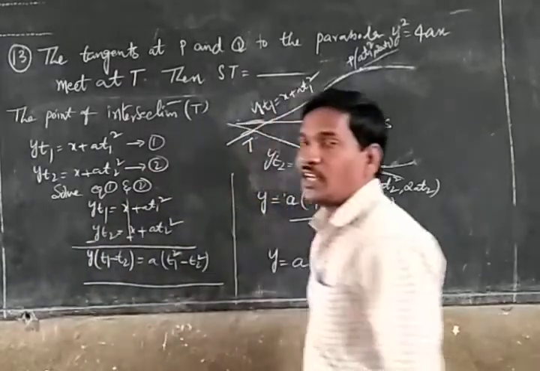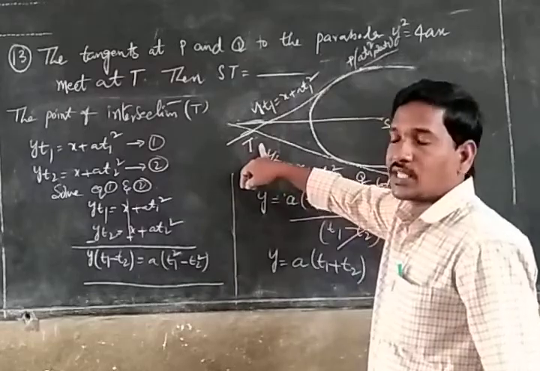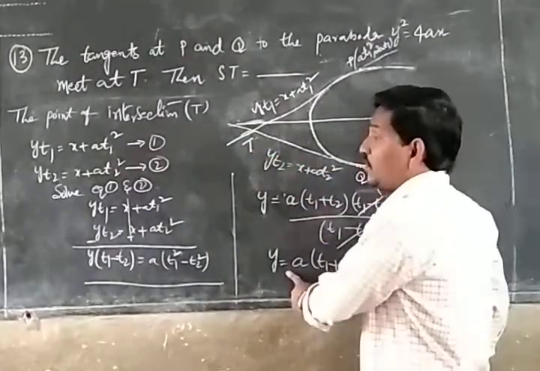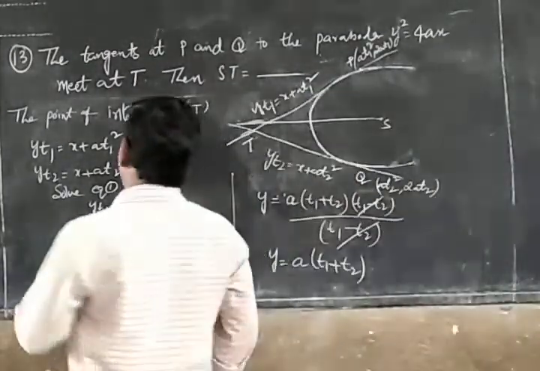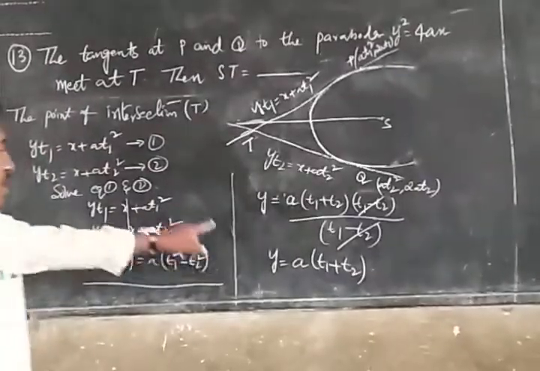Now the point of intersection T equal to x comma y. By substituting the y value in any one equation, you can get the x value. Now write up to here.